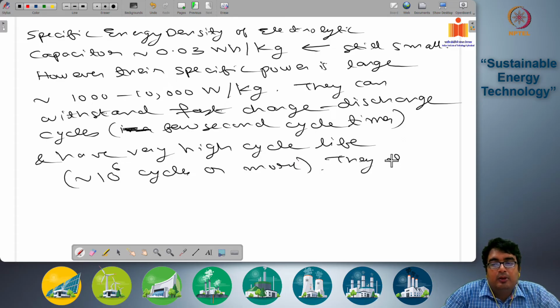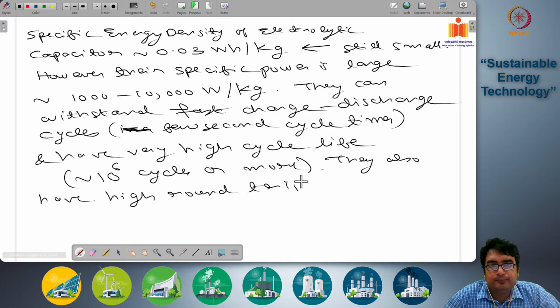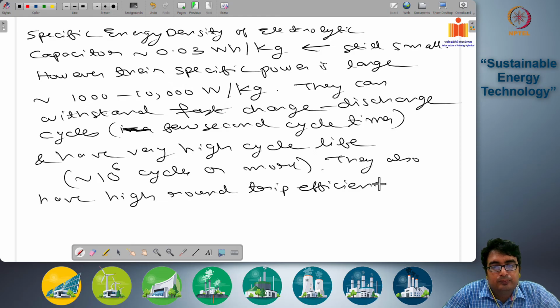They also have high round trip efficiency of the order of 0.95.